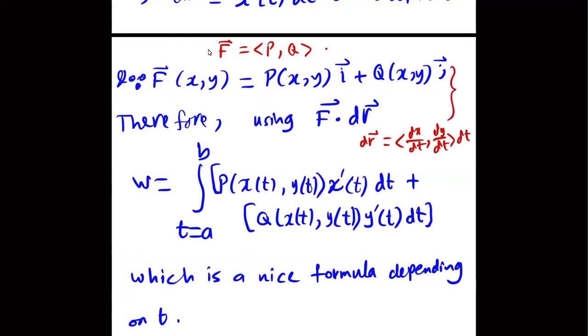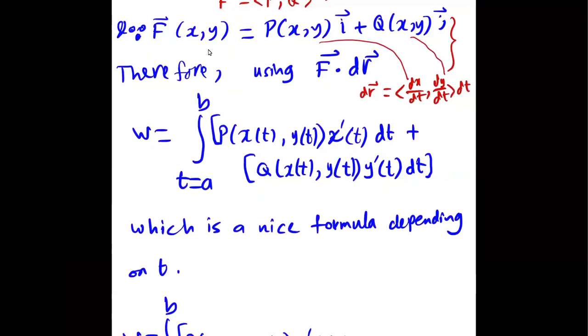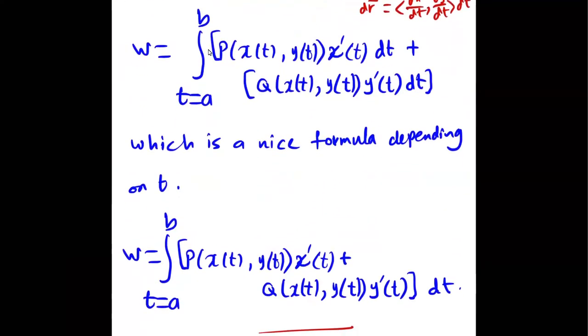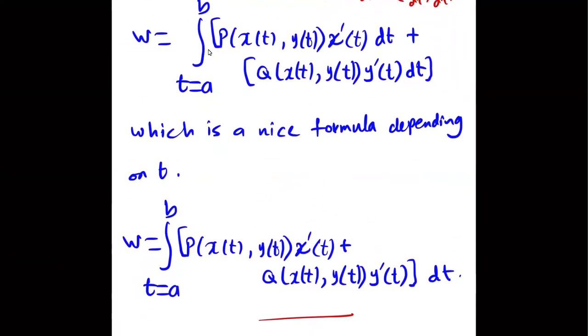We multiply the first component with the first component, plus second component with second component, and don't put i or j or this stuff. It is a scalar quantity. We know the scalar product of two vectors. This is not cross product. We will come to cross product later in other types of integration. So this is how to calculate the work of a vector field over some curve, which is, as you see, a nice looking formula.